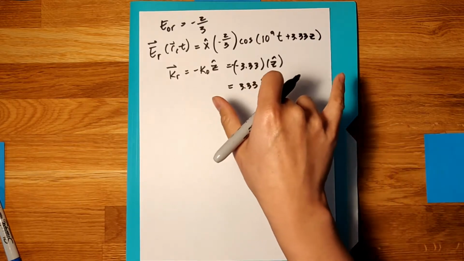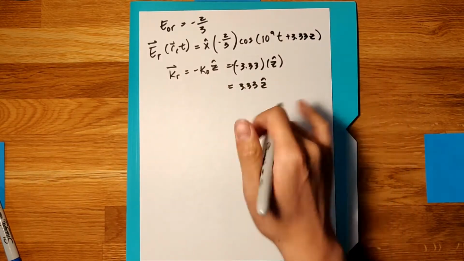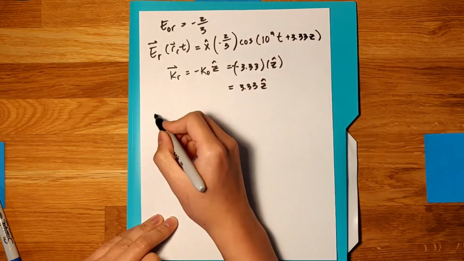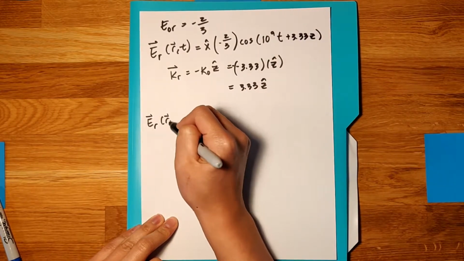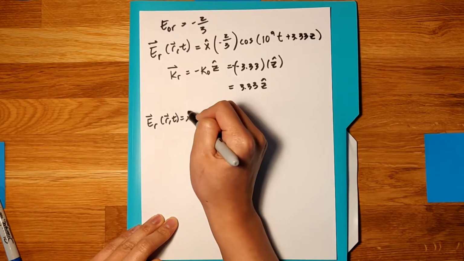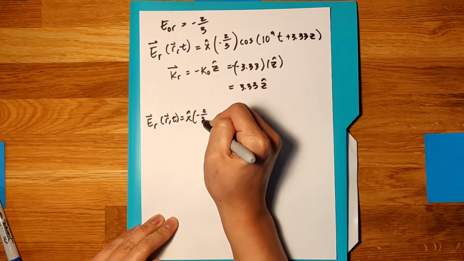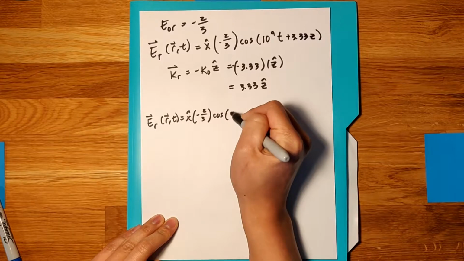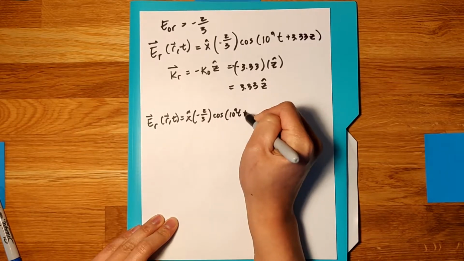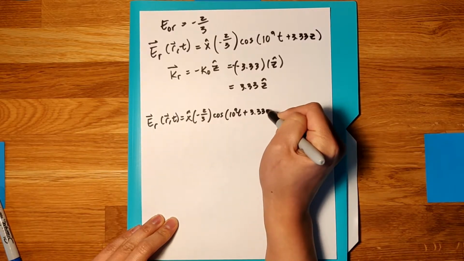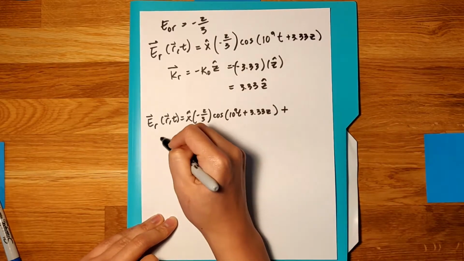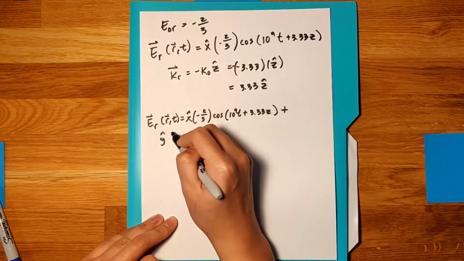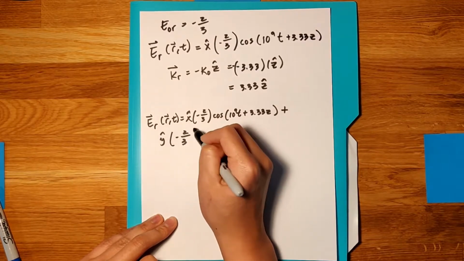Now finding the E reflected 2, let me just rewrite this top part so it's more clear. Plus our y hat times negative 2/3.